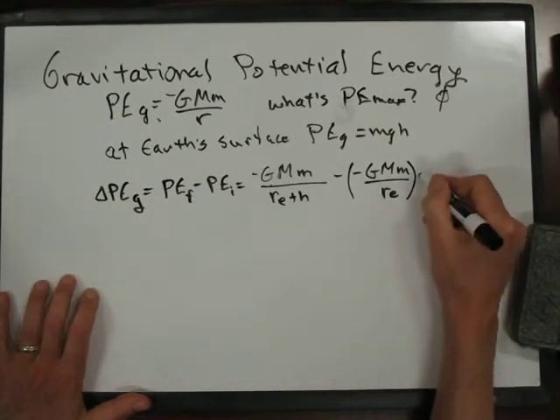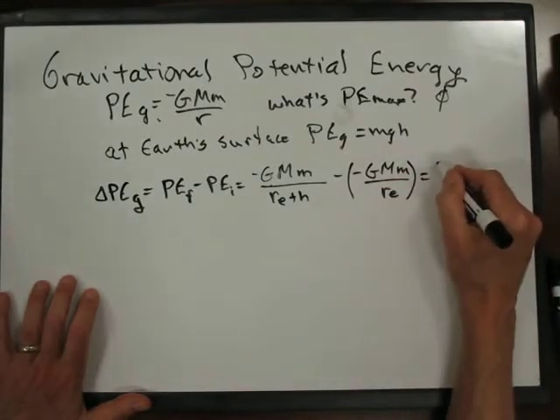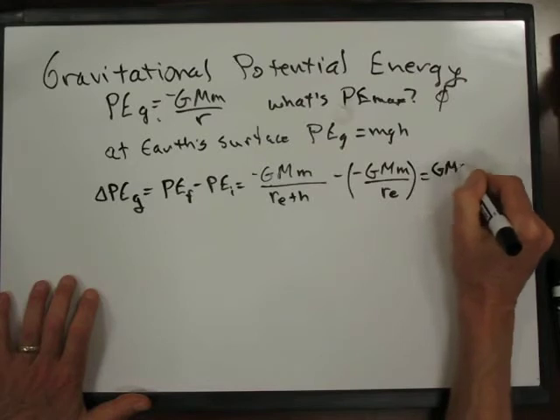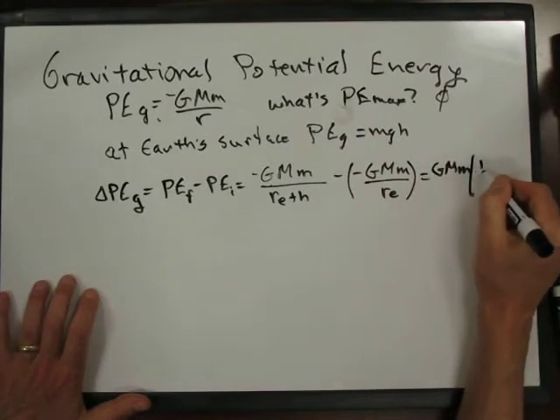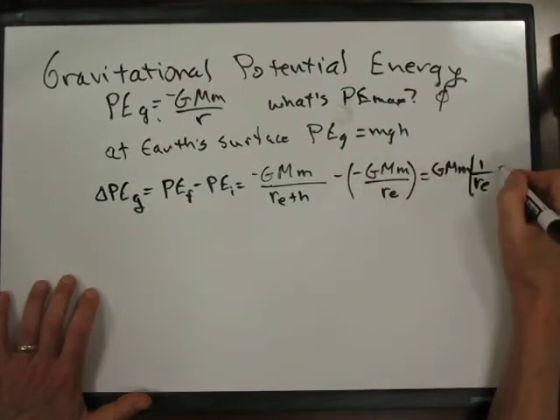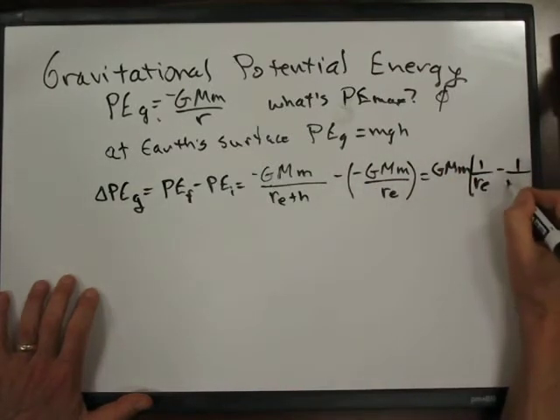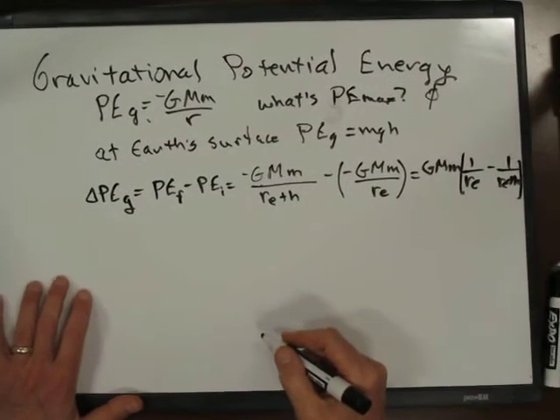We can rearrange this and factor out a G M m, and it becomes 1 over RE, because those two negative signs cancel, minus 1 over the radius of the Earth plus h.